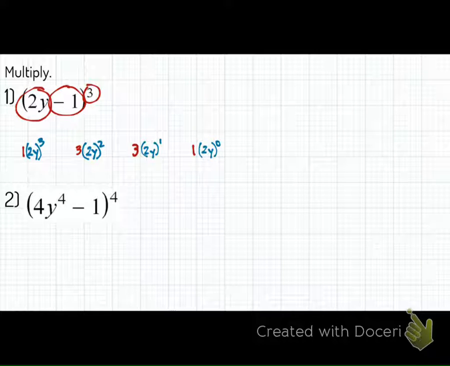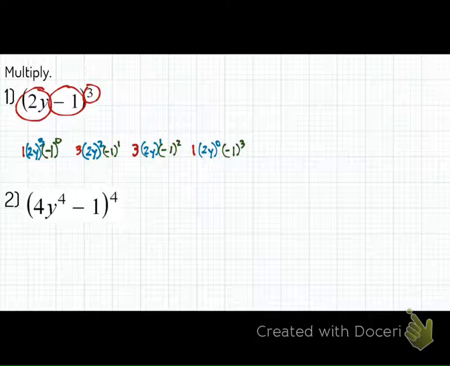Next thing that I want to do is write down negative 1. Negative 1, I'm going to start the opposite, with 0. Negative 1 to the 0, negative 1 to the first, negative 1 to the second, and negative 1 to the third. Okay? So now I have all my expressions set up, so I'm going to start solving these.